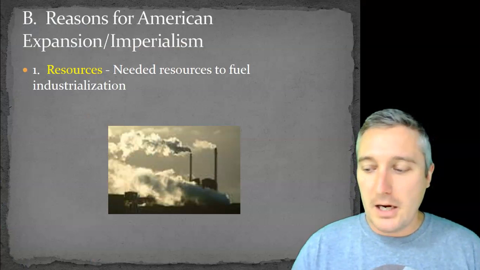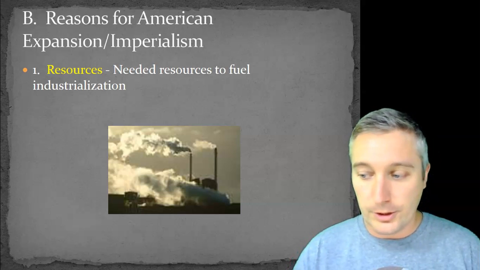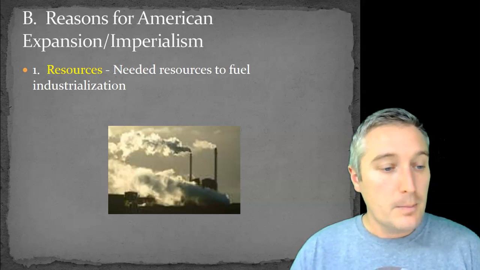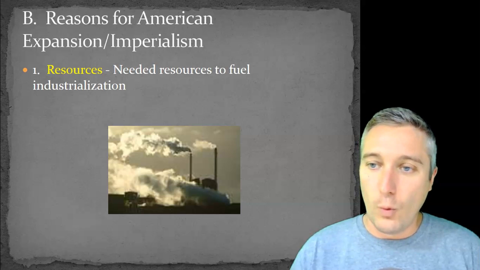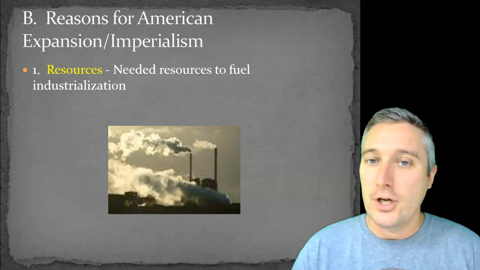So why did America feel the need to expand? And this will echo some of the reasons we mentioned earlier. Resources. Okay, of course, the West is very rich in resources, but the West isn't going to have everything. And in fact, one area that the West is not good at producing, and really nowhere within America is good at producing, is sugar.